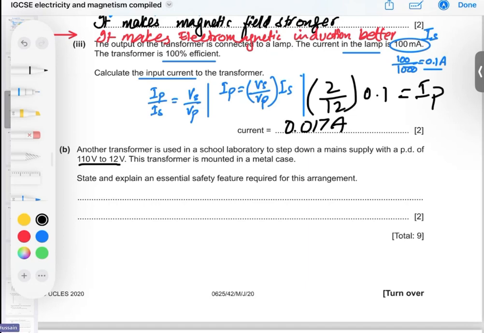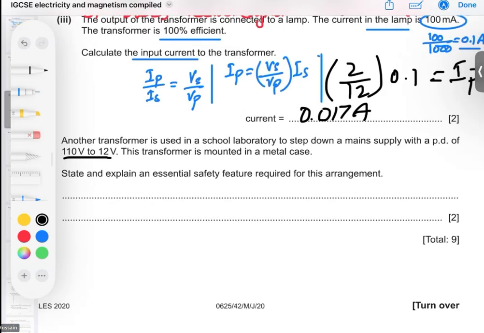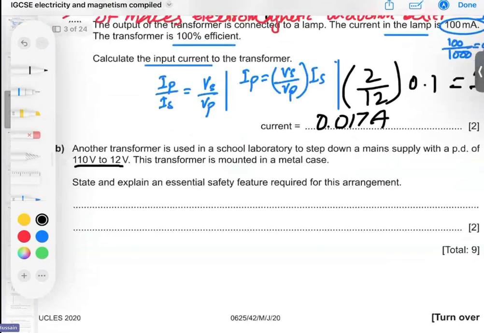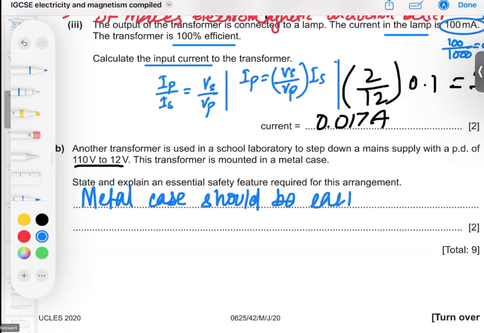So metal cases are always required to be earthed. Metal case should be earthed.